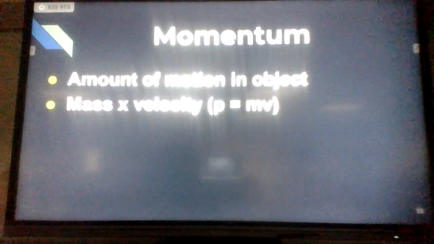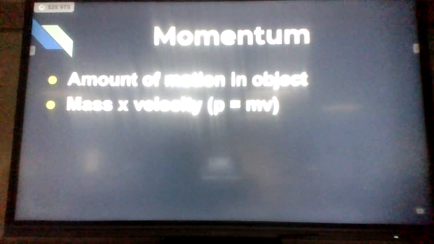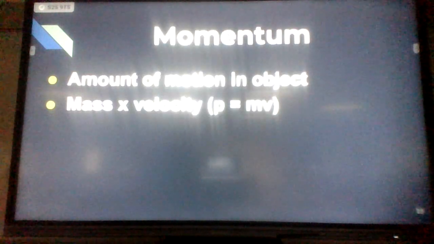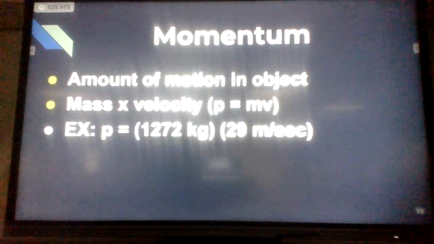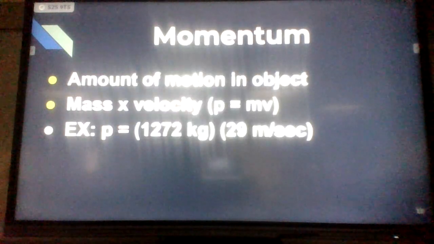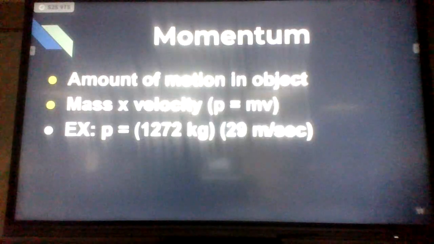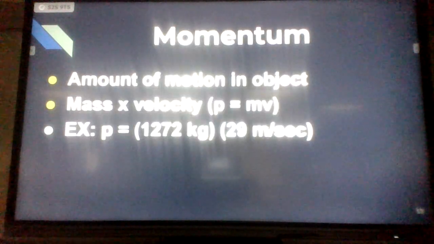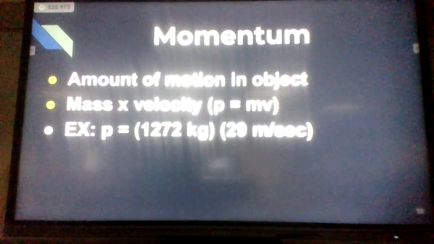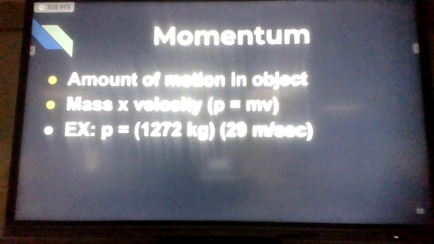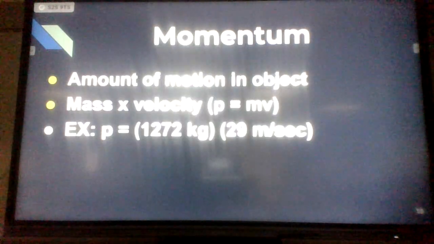And if I know any two of those three variables, I can easily figure out the third. If I'm figuring out momentum, I just multiply the mass and the velocity. So let's say we're driving a car that is 1,272 kilograms, which is pretty close to the average mass of the normal vehicle, at about 29 meters per second, which is actually very fast.